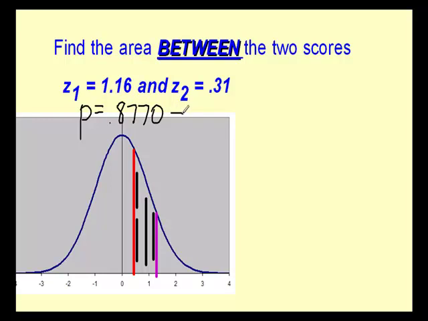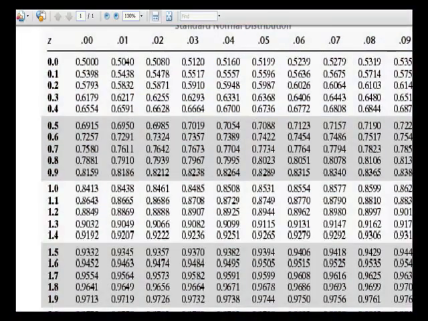The other z-score, in red, is going to be subtracted. Its z-score of 0.31 has a probability of 0.6217.